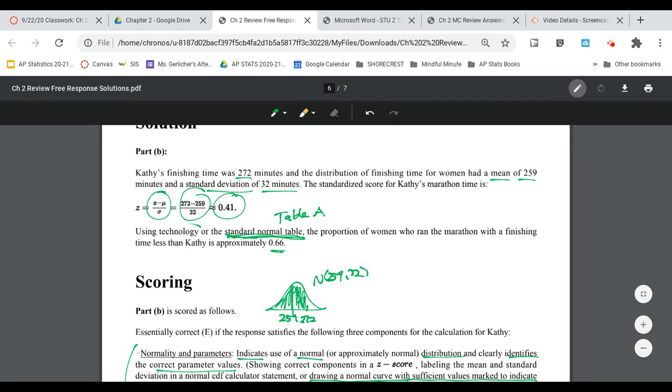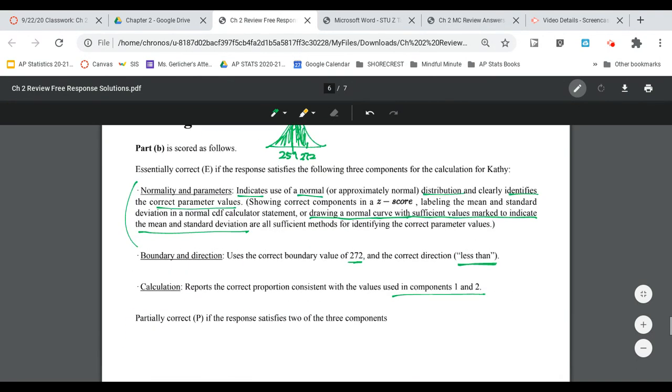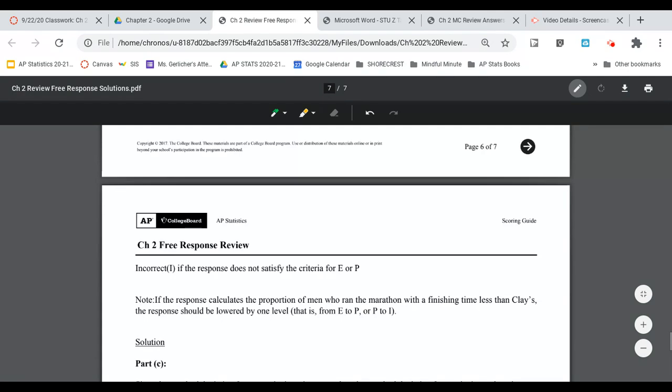And by the way, for using technology, there is a way to do it on the TI-84 calculator that I will show you down the road. But for now, I really like you using table A because it's much more conceptual and takes out a whole bunch of things to remember, like what buttons to press and such. Okay, so I'm going to pause and then we'll do C.